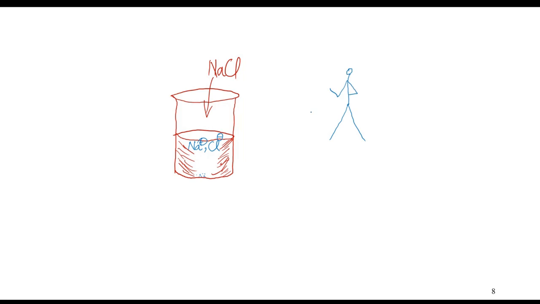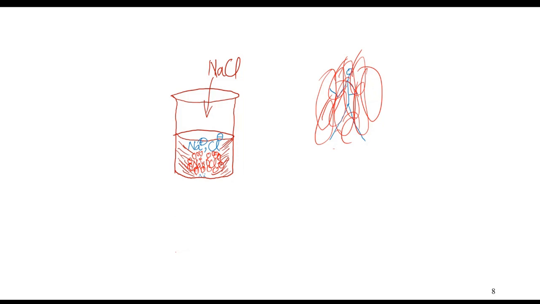If 6 or 7 students are covering me from all directions, can you see me? No. So the same thing happens here. These positive ions and negative ions are surrounded by water molecules from all directions. That's why you see only water molecules. You can't see these positive and negative ions.